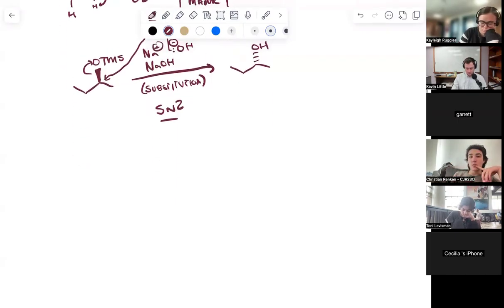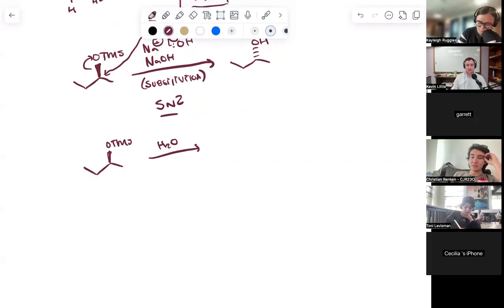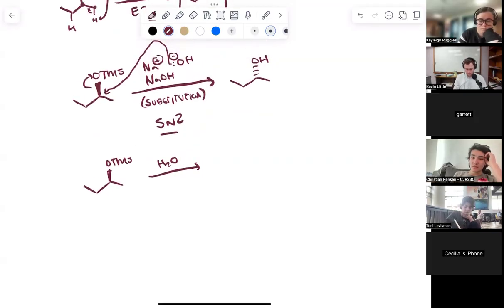But if we compare this to the same starting material, but let's make it an SN1, let's use a not charged nucleophile. What's the difference between SN1 and SN2? Carbocation. Right.